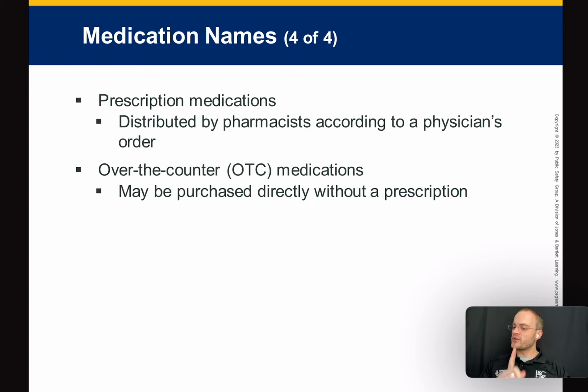So the whole over-the-counter thing is a little bit confusing to students sometimes. You need to know that over-the-counter simply means it doesn't require a prescription for you to purchase it. Okay. Now, with that said, there are concentrations of medications that do require prescriptions. So there are certain topical steroids, right? For example, you could go buy hydrocortisone cream over the counter right now.